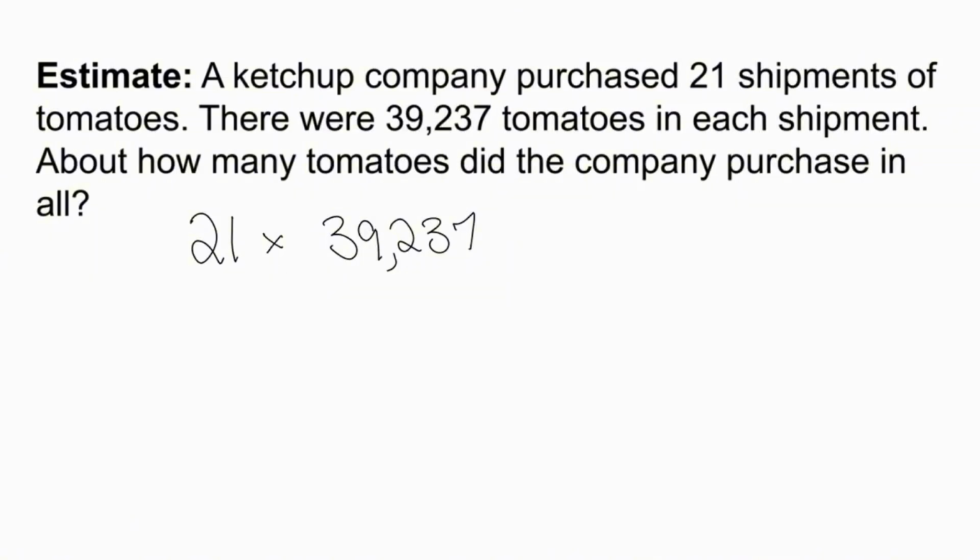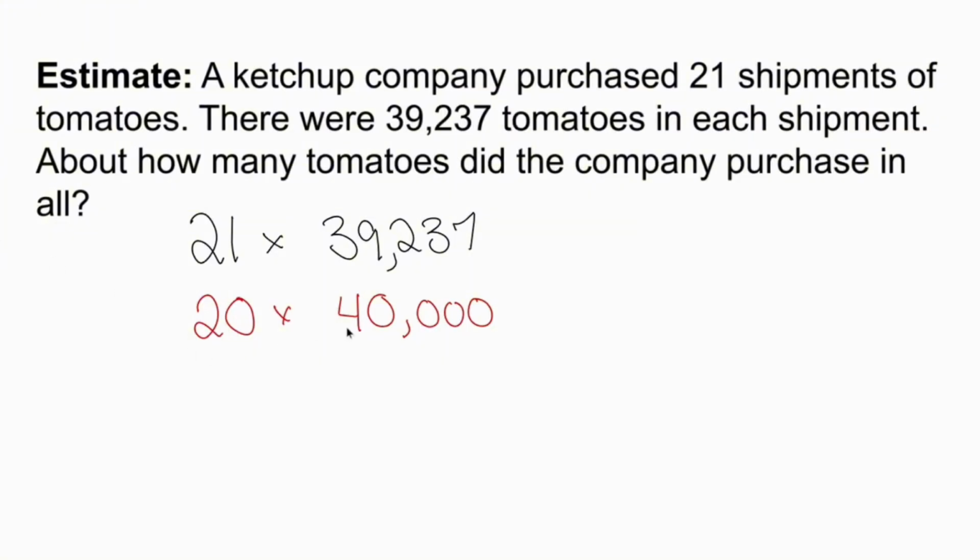Now we're estimating here. So what we're going to do is round both of these numbers to the nearest whatever number seems appropriate. 21 is awfully close to 20, so I'm going to turn 21 into 20. 39,237 is awfully close to 40,000, so I'm going to turn it into 40,000, and now we can estimate things.